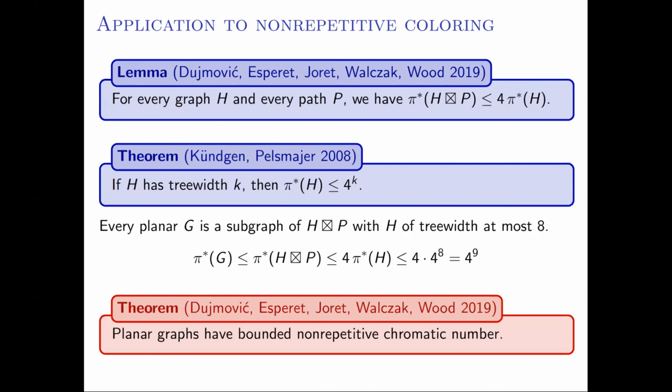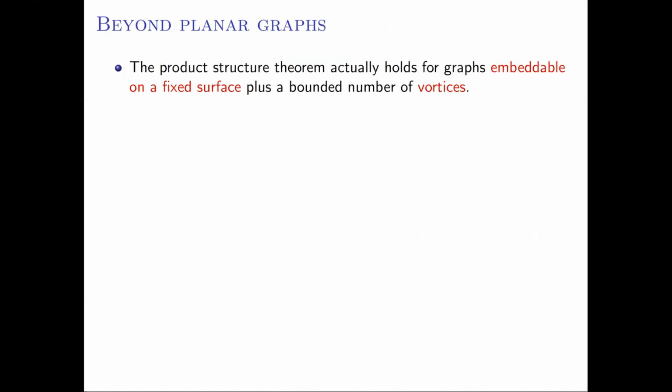And using the product structure theorem, you can go a bit further than that. So again, David mentioned that the structure theorem holds for graphs embeddable on a fixed surface. And you can even add a bounded number of so-called vortices, which you can think of as small interval graphs that are pasted in some faces.